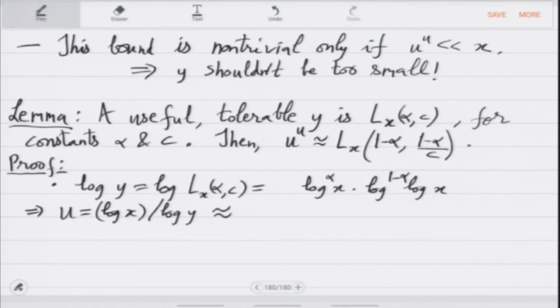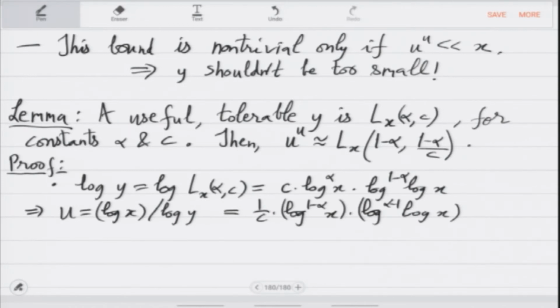The exp function was base e, so log y is just c times (log x)^alpha times (log log x)^(1 minus alpha). So then I can write it exactly. This is equal to 1 over c times (log x)^(1 minus alpha) over (log log x)^(1 minus alpha). Right, that's what you get.